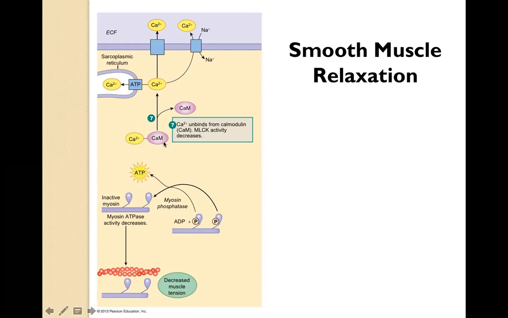Calcium calmodulin complex yields calcium plus calmodulin. If that calcium level goes down, it's going to shift the equilibrium so that calcium calmodulin complex breaks down more. And so more calcium can be pumped out. And then the calmodulin is ready for the next time that intracellular calcium increases.